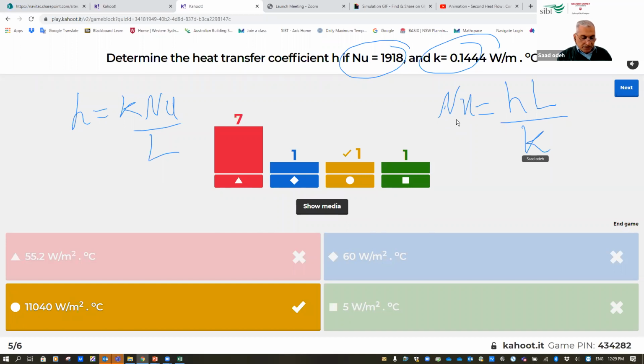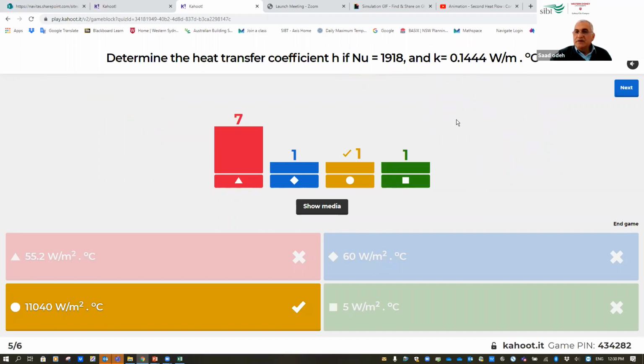So if I want to find the h value, I know the length from the figure, it's already given, and I know k, it's given in the question. I know Nusselt number, then I can find h. We already found Nusselt number from the first equation, and we found that it is 1918. So that's what we did now.